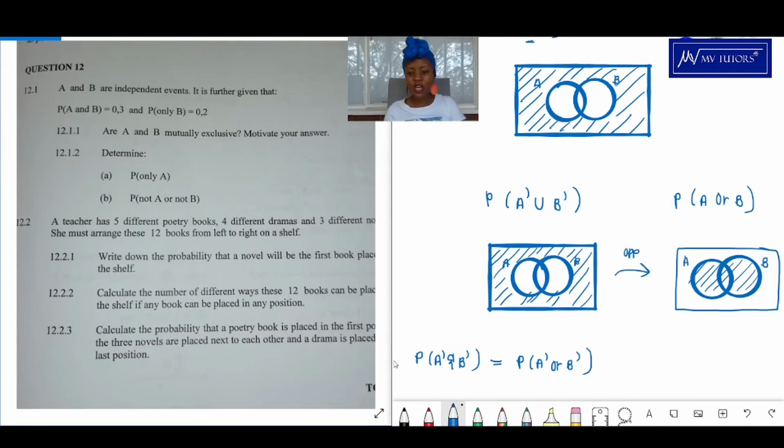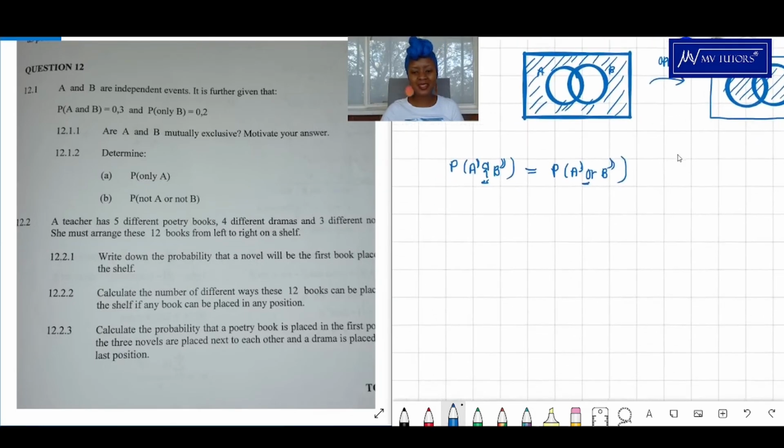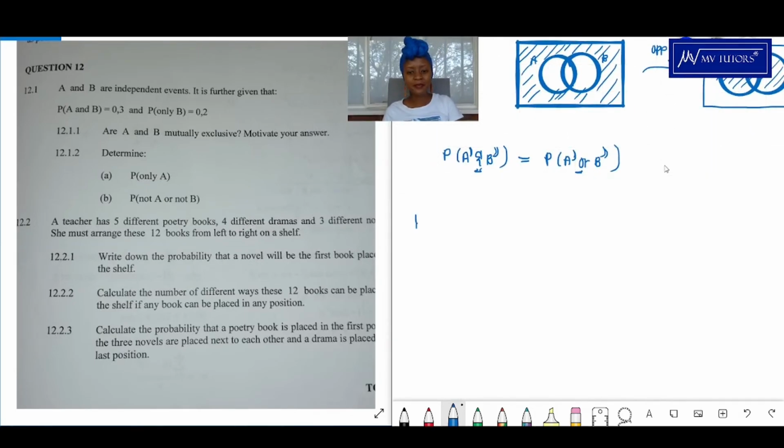You're not involving A, you're not involving B. So and or for the nots, they're the same. Okay, so when we look at now our question B, there's the probability of not A and the probability of not B. Okay, so remember our Venn diagram.